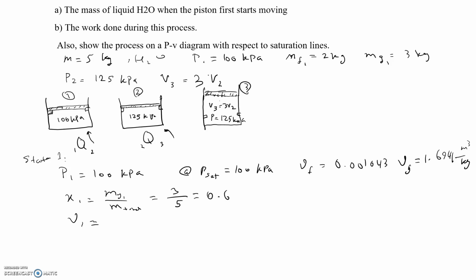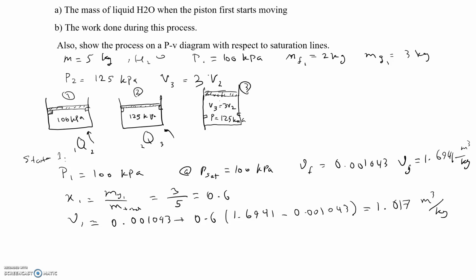So specific volume is equal to 0.001043 plus 0.6, which is x, multiplied by nu fg, which is the difference between these two specific volumes, 1.6941 minus 0.001043. You do this calculation, you get 1.017 cubic meter per kilogram, right? So that's the specific volume at state 1.